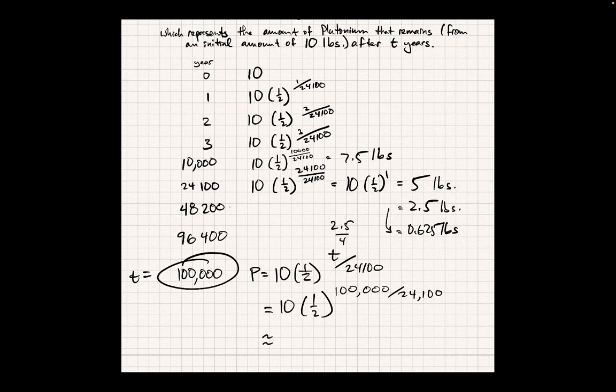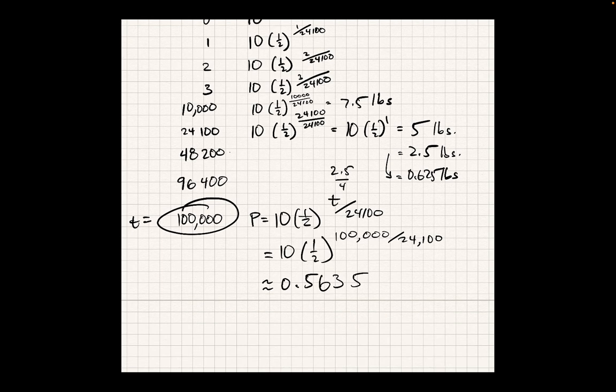We always write the 0 point, so 0.5635. Kira asked what the default number of digits is. If it's not specified, 3 digits of precision is probably good.